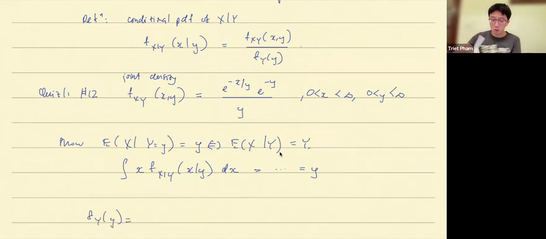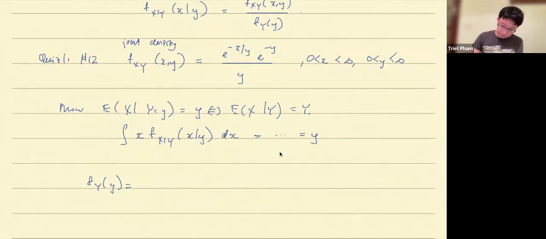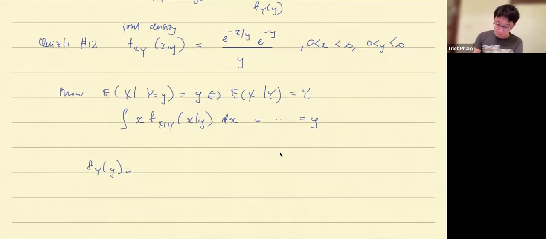How do we calculate the marginal density given the joint? Well, you have to integrate out the x, right?